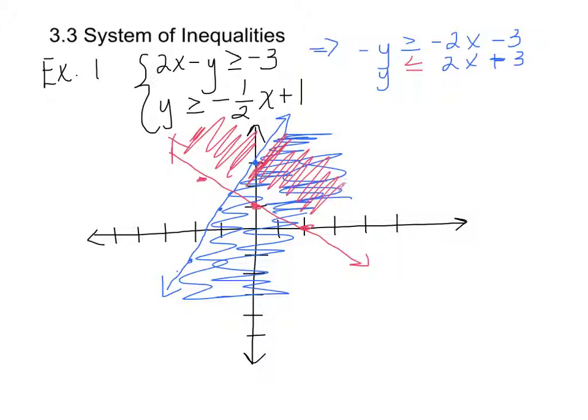And as you can see, where the two colors meet, let me give this one some more blue. This is the solution. And sometimes what I do is I take a highlighter so I can darken that area. Which I don't have a highlighter right here.